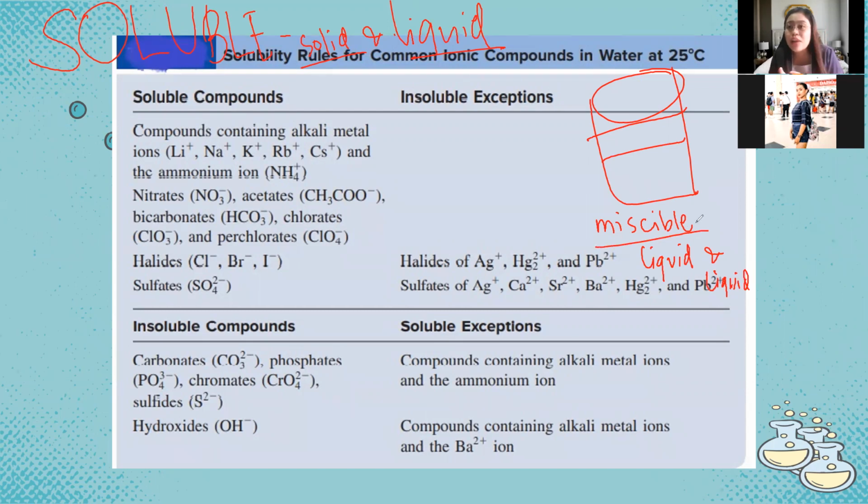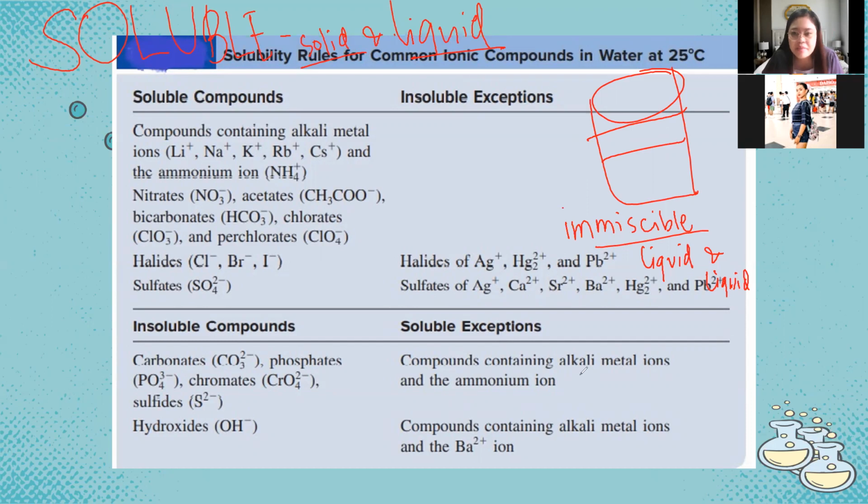Pag naghalo sila class, the term is miscible. The two liquids are miscible. Pero pag hindi sila naghalo, kagaya ng oil and water, we call it immiscible. Do not use the word soluble if you are referring to the mixture of two or more liquids. So I hope that is clear.